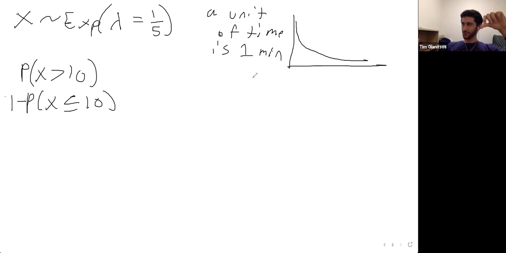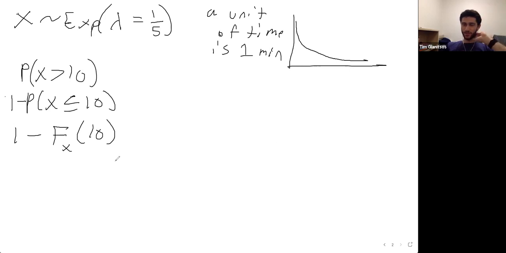Okay, so now that we have this, that's just going to be 1 minus F of x at 10. This capital F of x is the cumulative distribution function. If you remember, it's the integral from negative infinity up to that point of that distribution. But in this case, where the support of this random variable starts from 0, it's really just the integral from 0 to it.